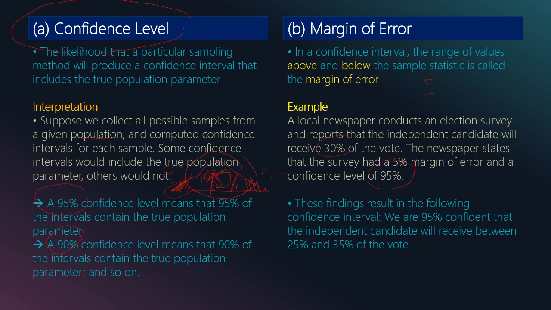So these findings result in the following confidence interval. We are 95% confident that the independent candidate will receive between 25% and 35% of the vote. Why is this 25% and 35%? Because the independent candidate will receive 30%, but the margin of error is 5%. So 30 minus 5 and then plus 5, 25, 35. Okay.